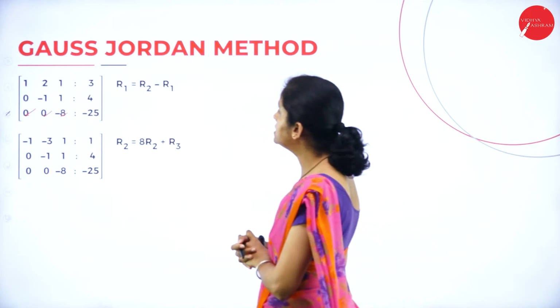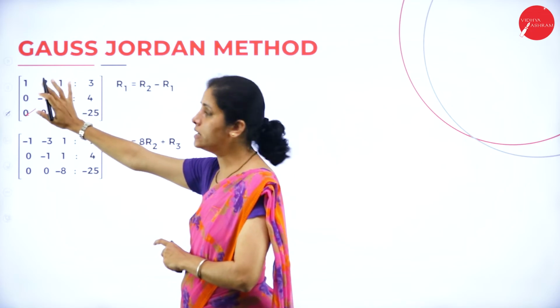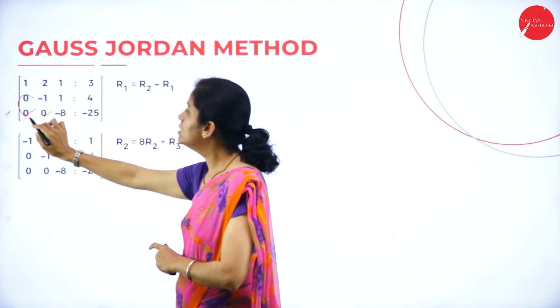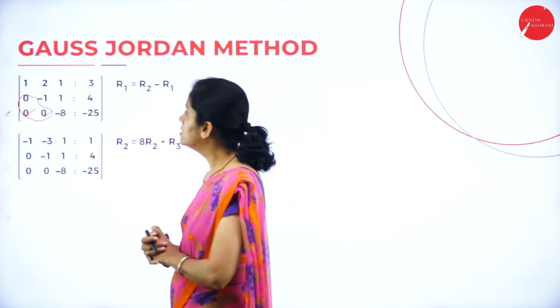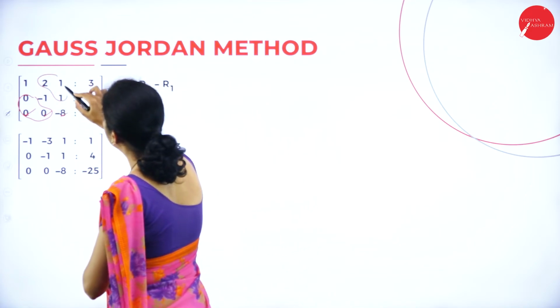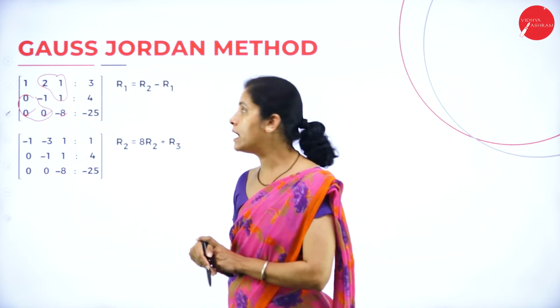So dear students, if I consider this matrix, all the lower triangle elements are 0 and only the upper triangle remains. Now I just want to make these three values 0.